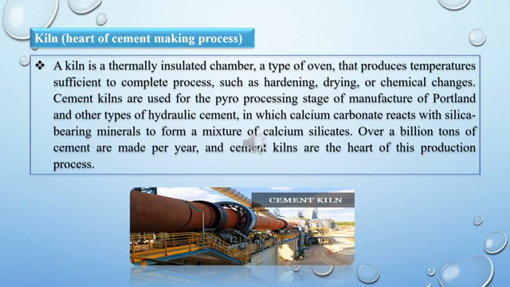So students, what does it mean and what is the purpose of this kiln? Here we are going to explain. A kiln is a thermally insulated chamber. You can say that a kiln is a type of oven that produces the temperature necessary for the hardening of cement, the drying of cement, and the chemical changes which occur in the cement. Cement kilns are used for the pyroprocessing stages of Portland cement and many other cements.